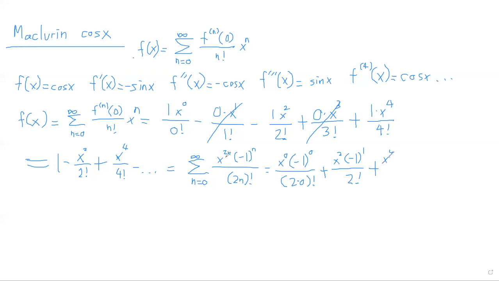Now n is 2, so 2 times 2 is 4, x to the power of 4, -1 to the power of 2 is just 1, and over 2 times 2 factorial, which is 4 factorial. Consistent with this, yeah, this is the correct representation.